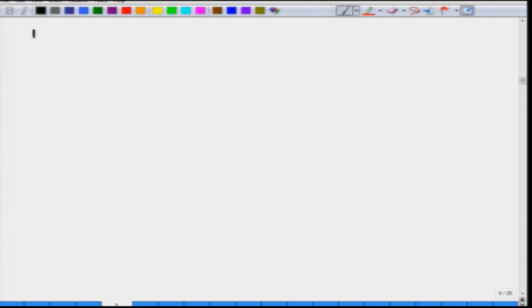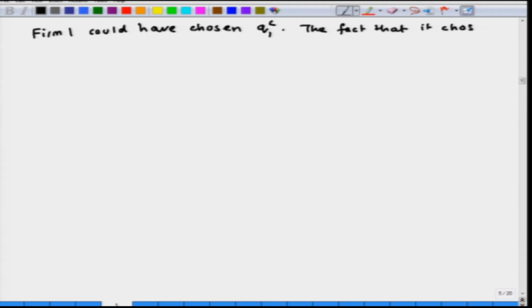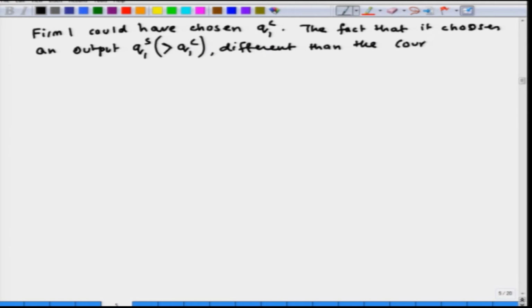So, firm 1 could have chosen Q1C, the Cournot level of output, but the fact that it chooses an output Q1S, which we still have to compute, which is different, more specifically greater than Q1C, implies that its profit must have gone up.